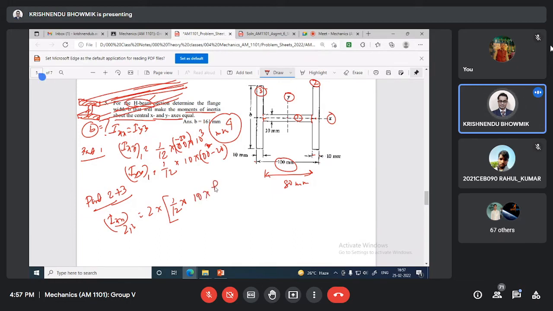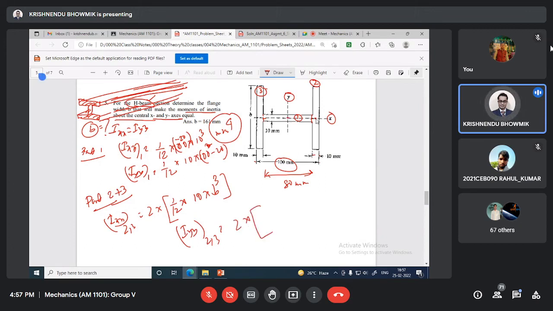Height is B here, that is B cube. So 2 multiplied by 1 by 12 base height cube. Then IYY for 2 and 3 will be 2 times this one.